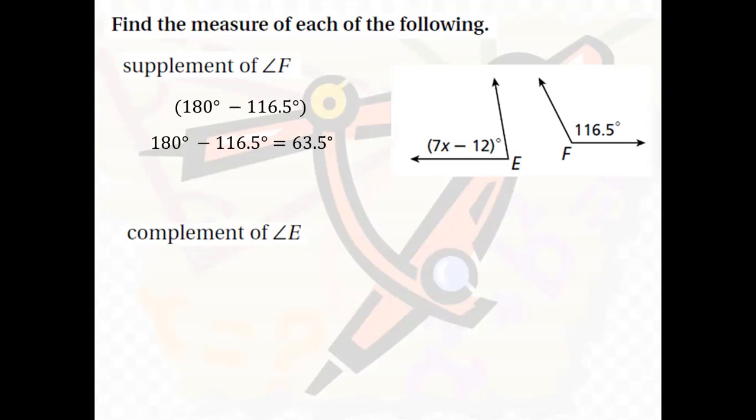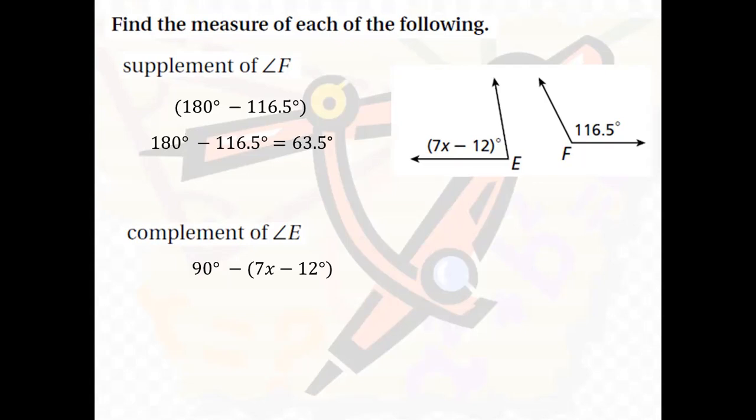It's easy if you remember the value of supplementary and complementary angles, it's easy for you to do the questions. Let's move to the complement of angle E. Now complement means that should equal 90, right? So 90, and they have given us part of the angle, which is 7x minus 12. So 90 minus (7x minus 12).